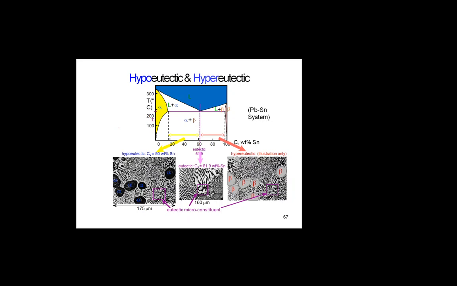It is showing the region above 2% carbon, as you can see. This is the hypoeutectic and this is the hypereutectic.